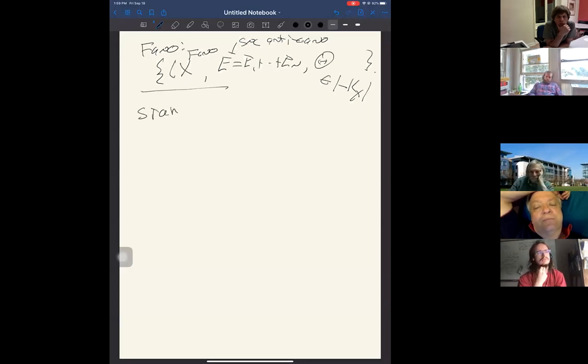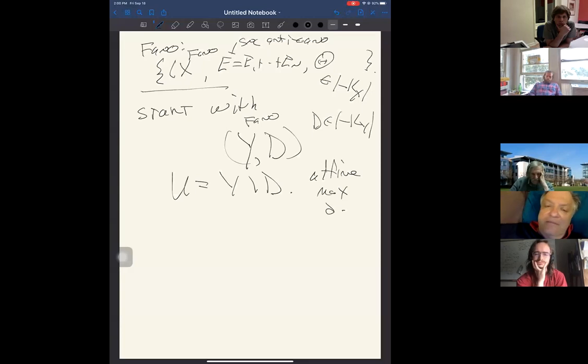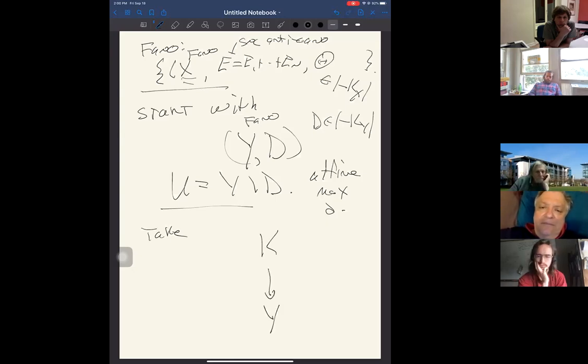So let's start with a Fano Y. It's going to be mirror to X, and D anti-canonical. So this is again Fano. D is in minus K_Y, and let U be the complement, Y minus D. That's going to be affine now, and I want it to have maximal boundary. It should be the mirror. We just start with this and run a machine, but to get the X that we want, we should be taking the mirror to that X. Let's start with this, and then take K over Y, the canonical bundle.